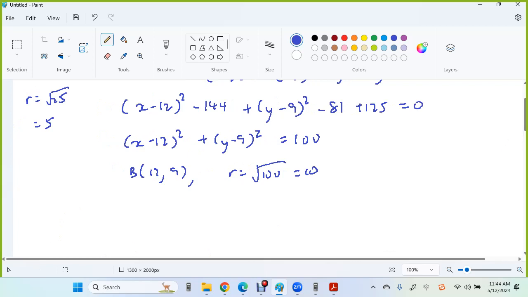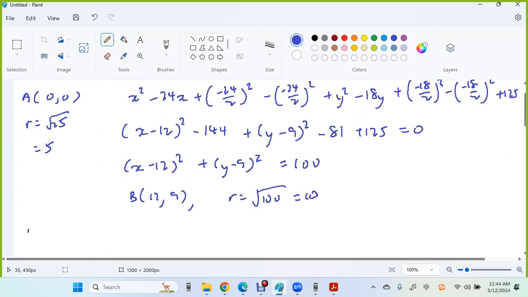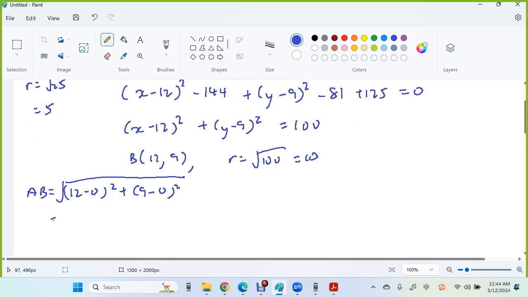So we find AB, that is (12 minus 0) squared plus (9 minus 0) squared, so it is actually 15. So this is R1, R2. R1 plus R2 is 5 plus 10, which is 15.